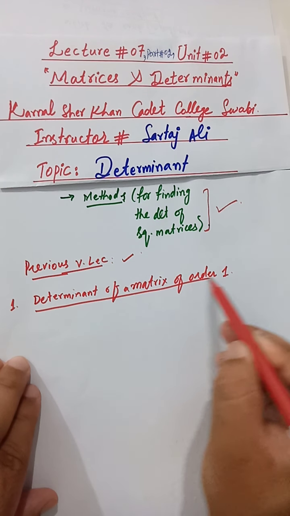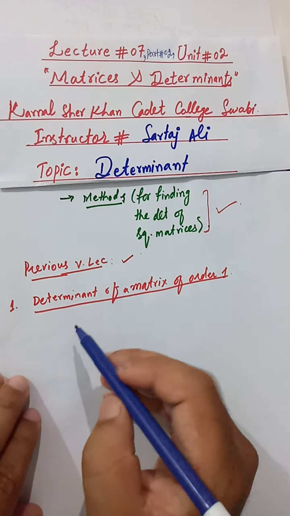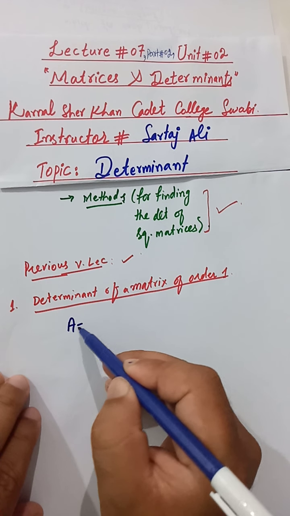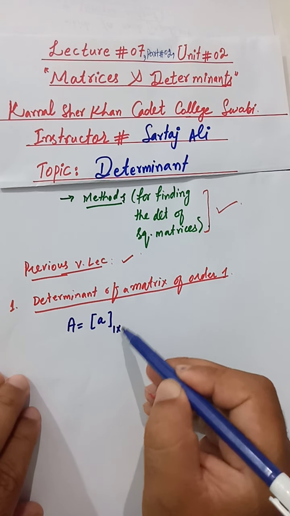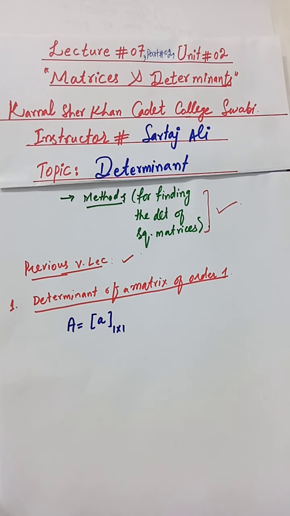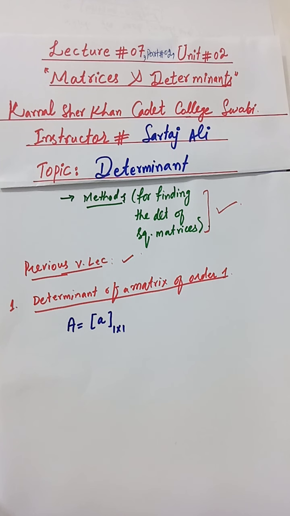If the order of a matrix is 1, mean 1 by 1 a square matrix, then how you can find out the determinant of that matrix? So let's say A is a matrix and its order is 1 by 1. So there is a unique element in a square bracket. So how you can find out the determinant of this matrix?